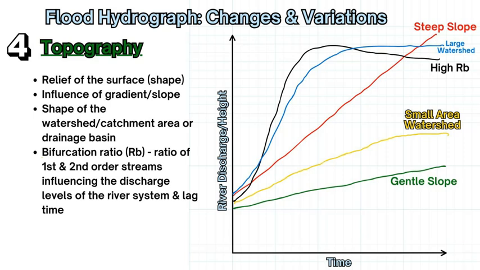So the bifurcation ratio, or RB, is a number between 2 and 5 that gives you an idea of how many first and second order streams are providing this main river with water that is caught from the catchment area and then transported either as base flow, as interflow, or as surface runoff through these brooks and creeks and small streams. Then you have the size of the watershed itself, the actual square kilometers or square miles, how big the watershed is, or the catchment area.